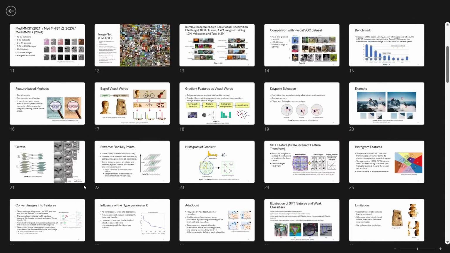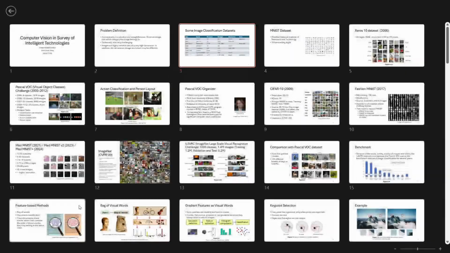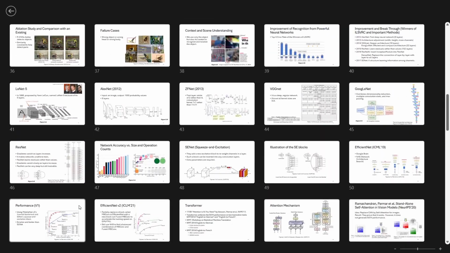ImageNet has 21K classes, and the ILSVRC challenge only uses 1,000 classes. So ImageNet 21K means they use all classes and all images. So it is 1 million against 14 million, which means the data set becomes much larger.